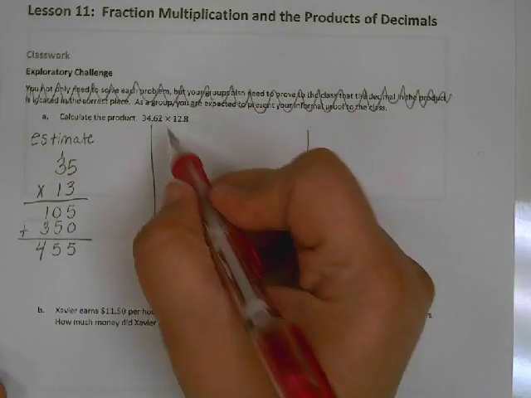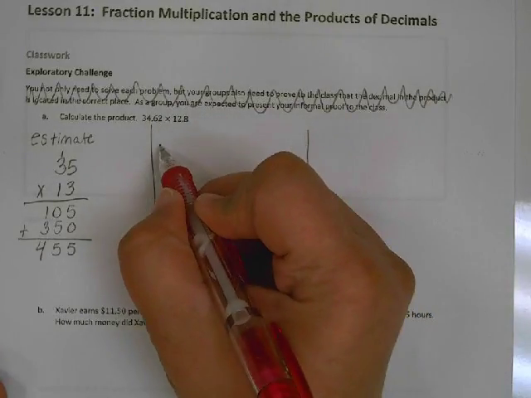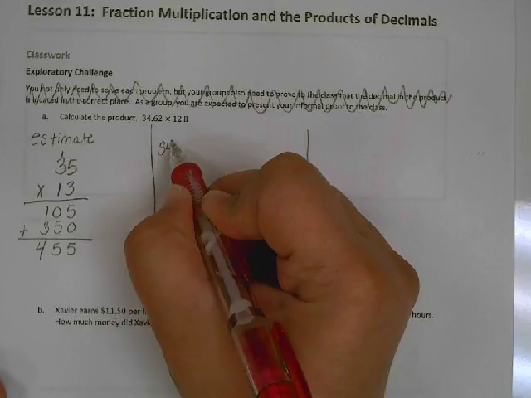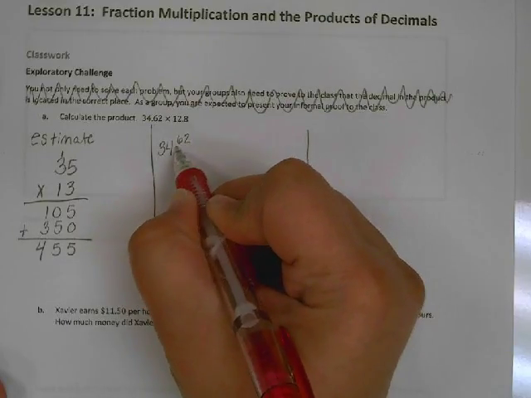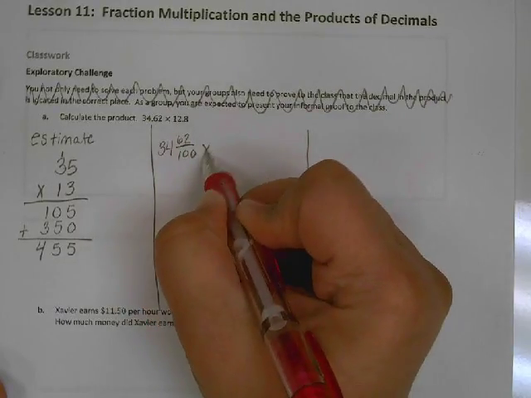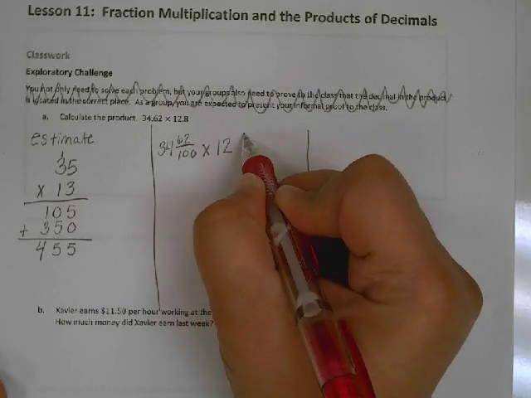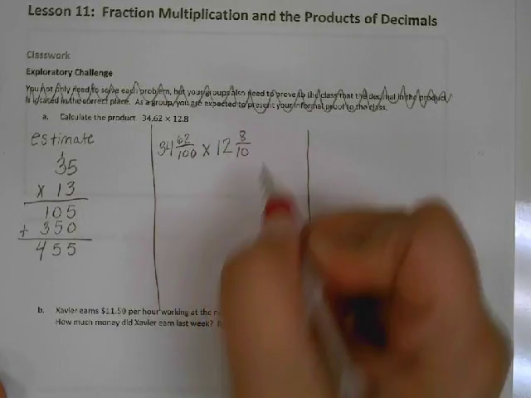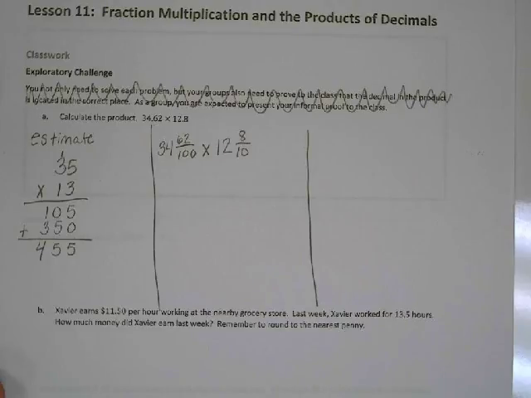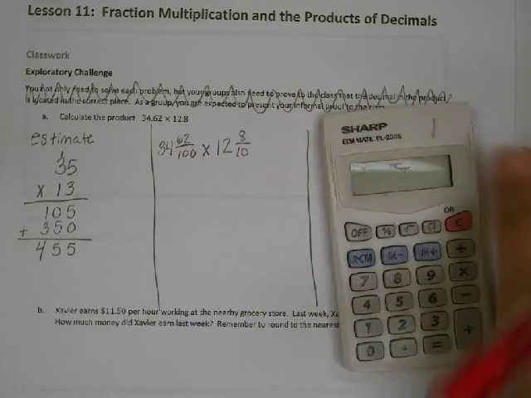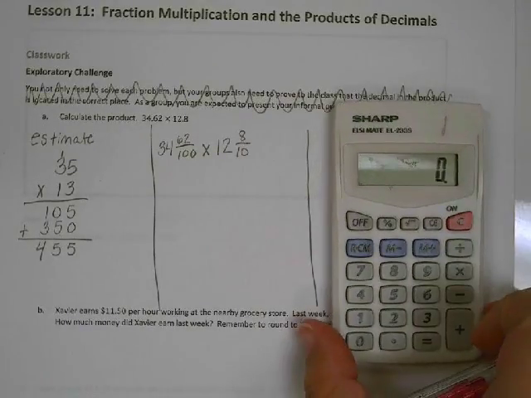The next thing I'm going to do is now write these as fractions. So it's 34 and 62/100 times 12 and 8/10. So then remember my next step is to now turn these into improper fractions. And I'm just going to go ahead and use my calculator just to save some time.